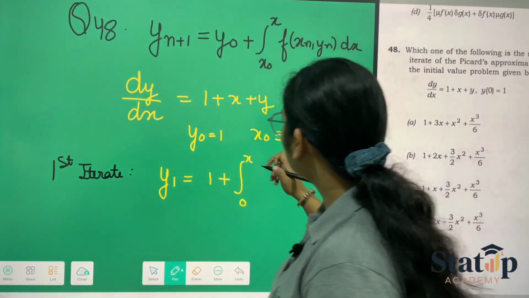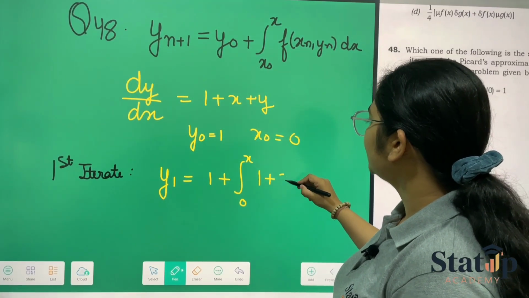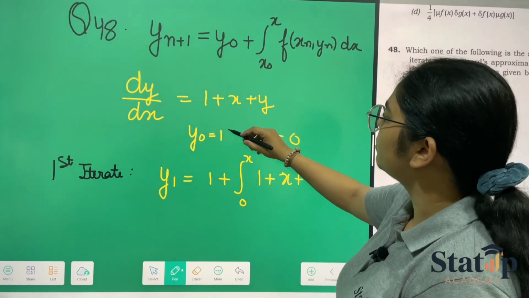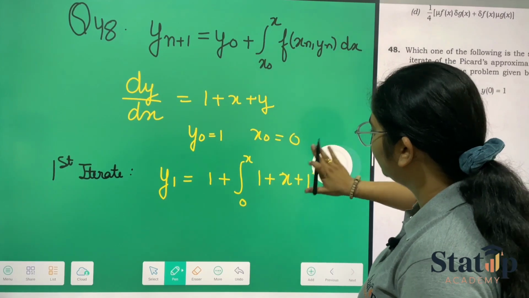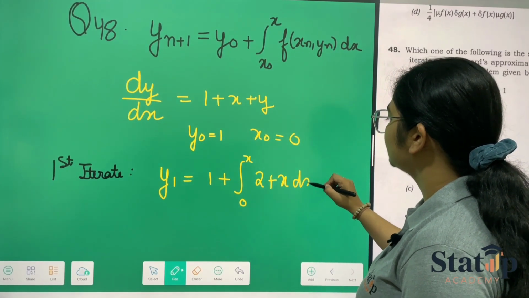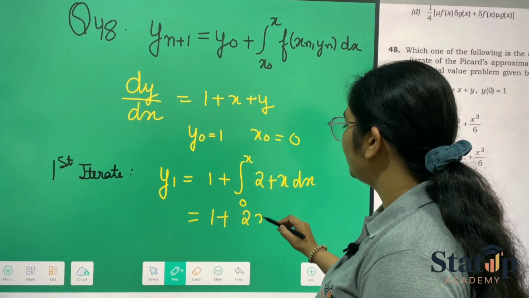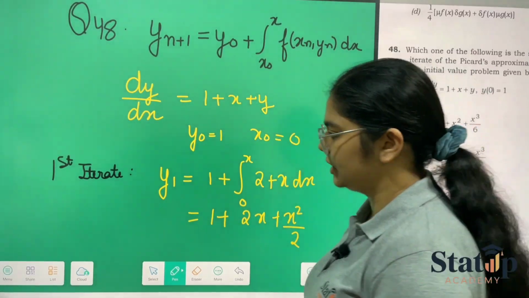So it will be 1 plus x plus y n. Y naught has the value 1, so instead of writing 1 here, I may write this as 2 plus x dx. On solving this, we will get 1 plus 2x plus x square by 2. This is the first iterate.